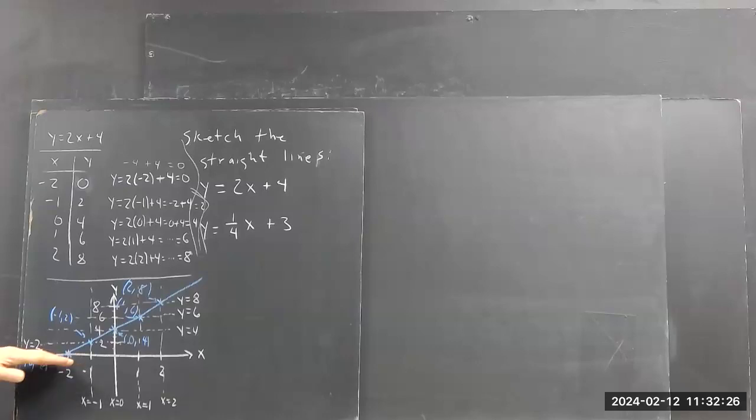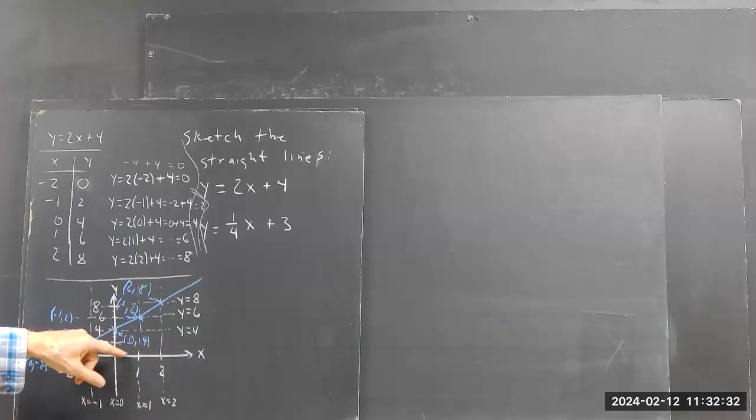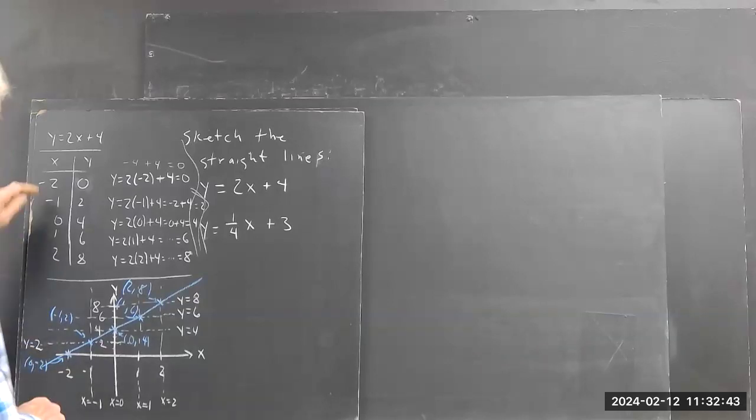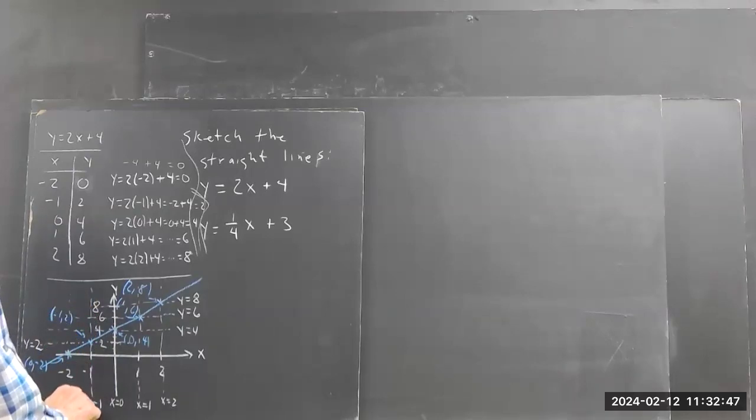Well, Y is 0 on the X axis. I mean, this is where Y is 0, and it's 0 everywhere to the right and left. Every point on this line has a Y coordinate of 0. So we take the line Y equals 0 and the line X equals -2. Well, X equals -2 on this line.